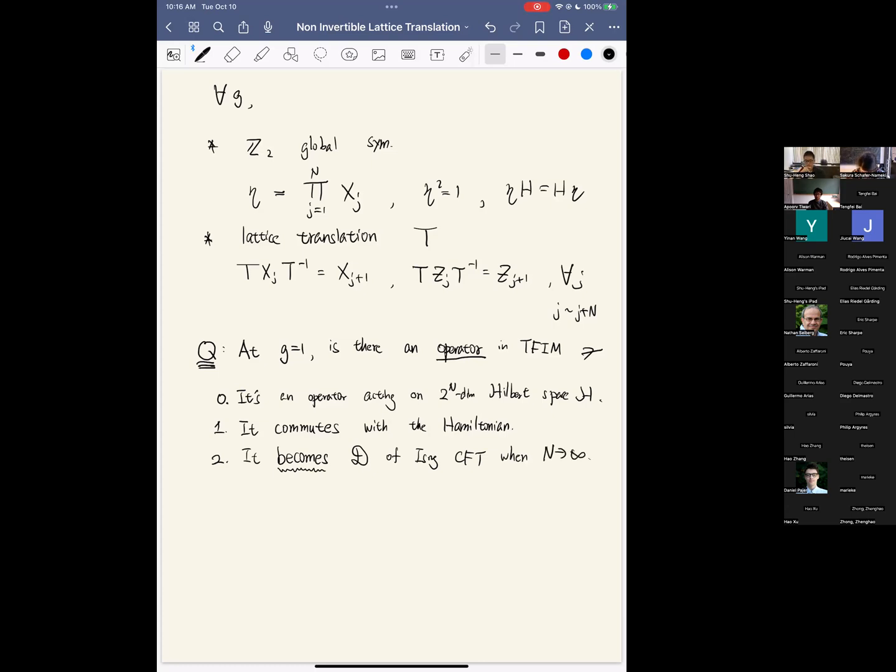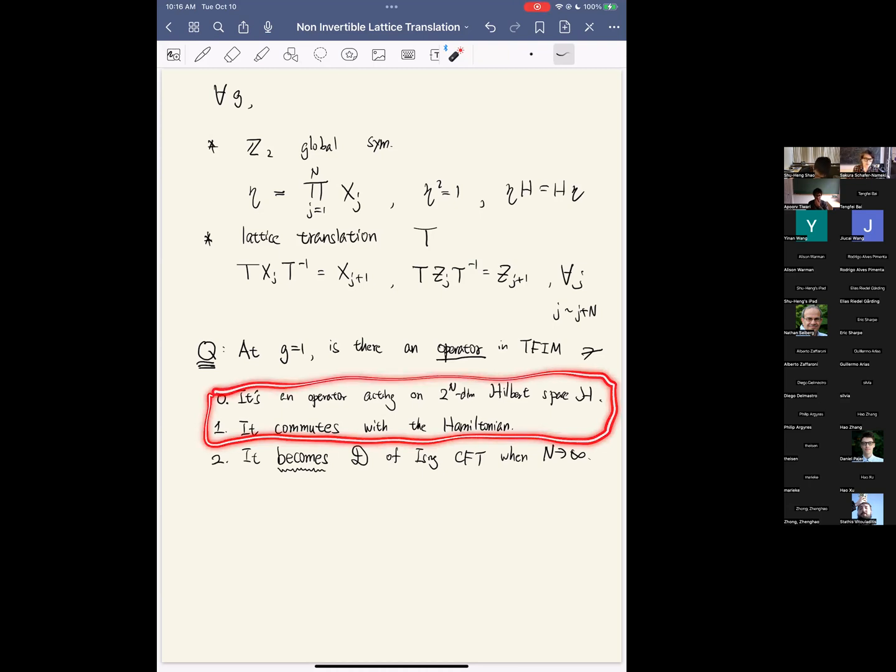So this is the list of conditions that I want this operator to satisfy at g equals 1 of the transverse field Ising model with finite n. Now, the first two conditions are stated for finite n. The last one is a statement of the limit of this operator when we take the thermodynamic limit.